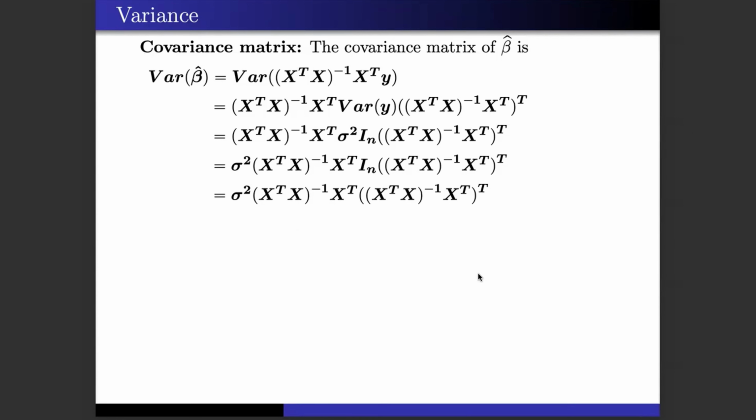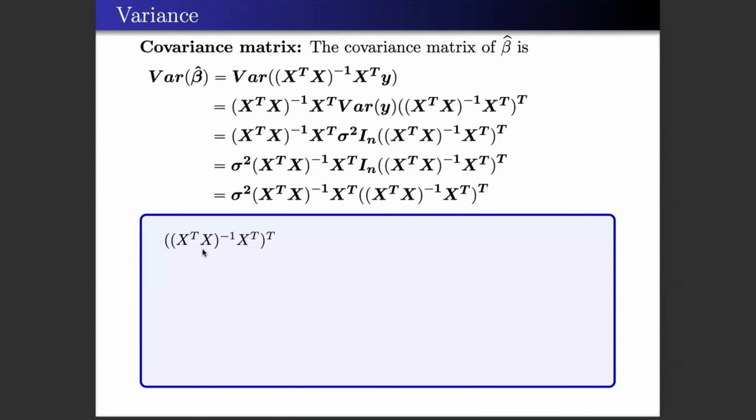So now we have sigma square, a scalar, multiplied with (X transpose X)inverse, which we cannot simplify any further, multiplied with X transpose. But we have the transpose of (X transpose X)inverse times X transpose, and we can simplify the second term over here. So let's try to simplify the second term.